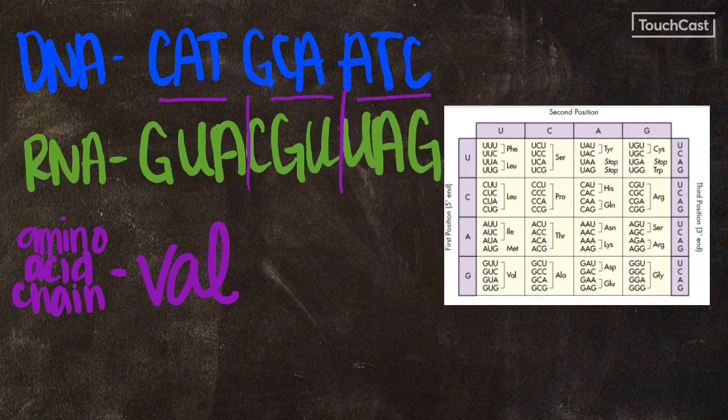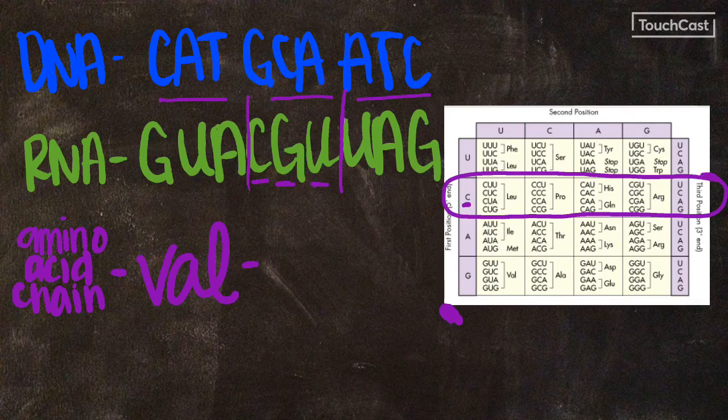Still confused? Let's try our second set of 3. We have C, G, U. And so we're going to be looking for our second amino acid. This side, right here, is labeled first position. And my first position is a C, so I'm going to circle that entire row.